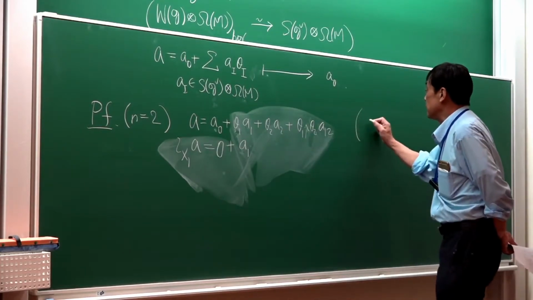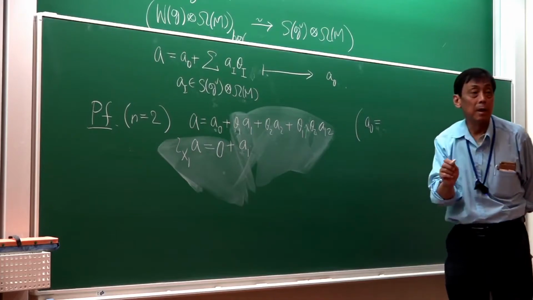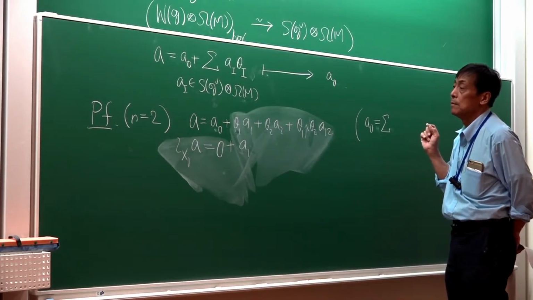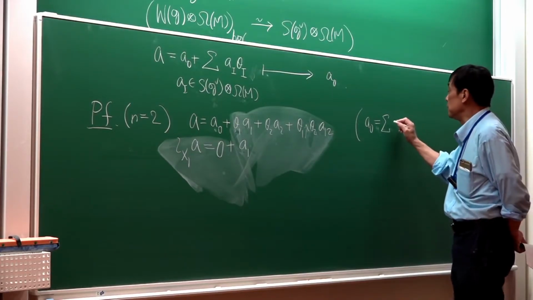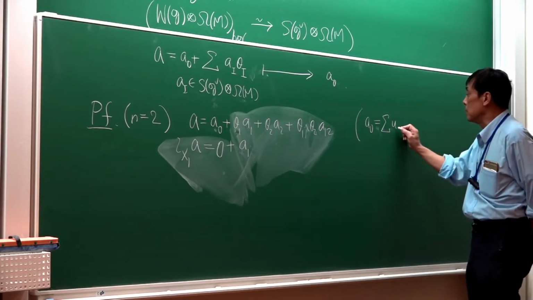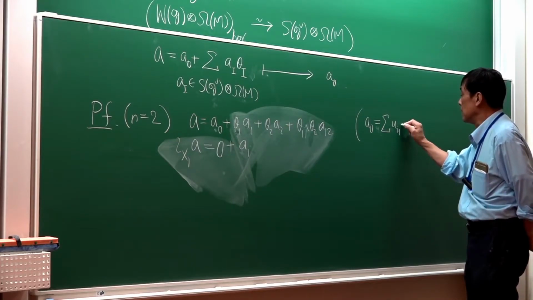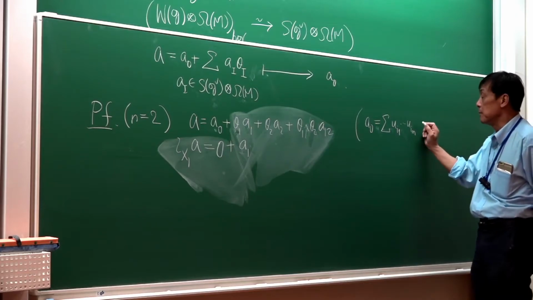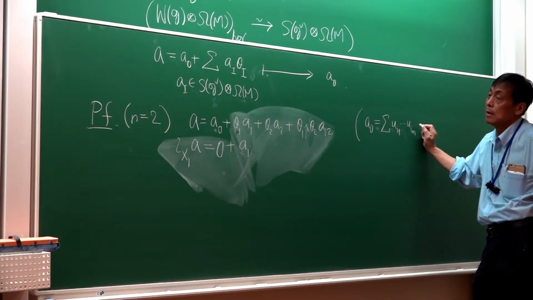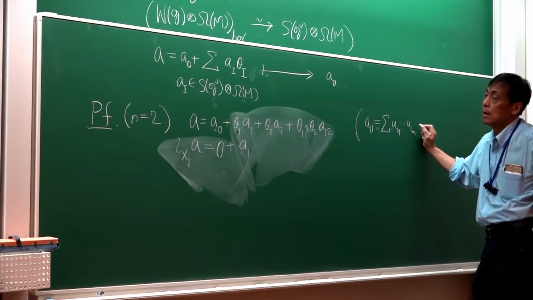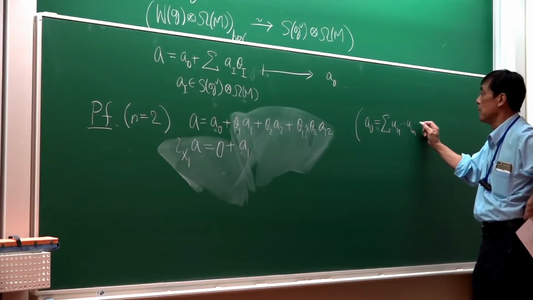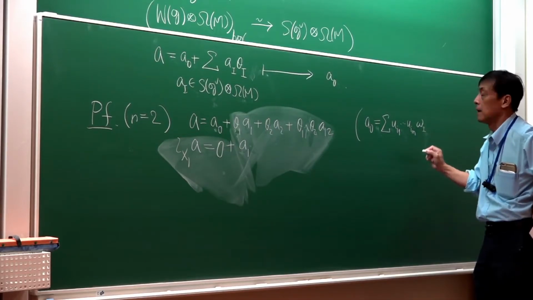Oh, because A0 is the sum of the u's, u_i1 to u_im, a number of u's times a form. Oh, maybe it's not 0. Times a form. So let's say times omega_I, right?